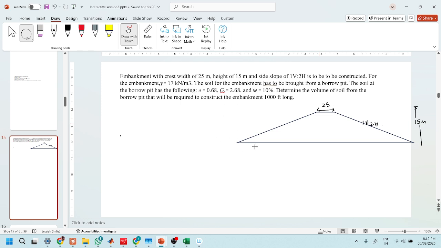For the embankment, the gamma required is, we want to make this a bath.